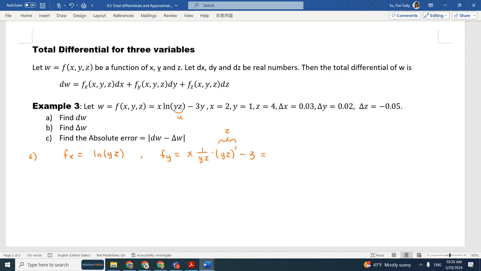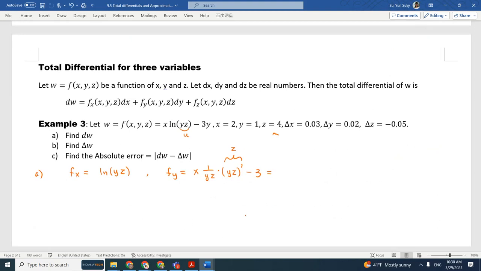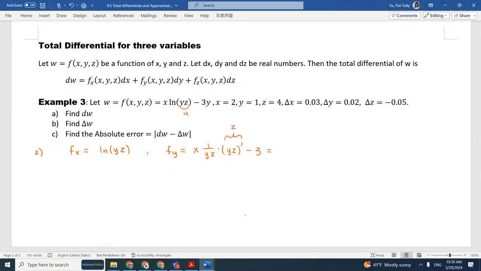Z is a constant multiple, it stays here. And what happens with the z? They cancel. So we have x over y minus 3. Right, everybody?